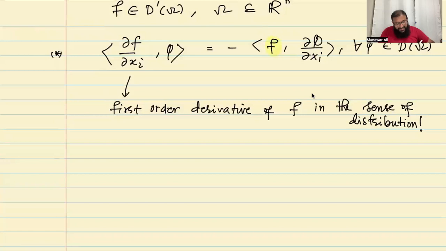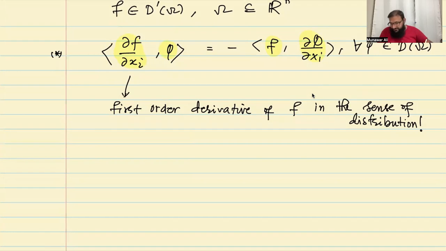If I have f, I multiply it with some first order derivative of a test function. You know very well a test function is C infinity, so I can differentiate. If this is the same as phi with an action from partial f by partial x_i, then I call this function the distributional derivative of f, or the first order derivative of f in the sense of distribution.